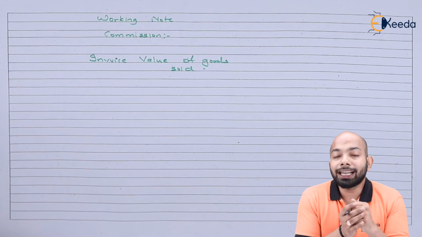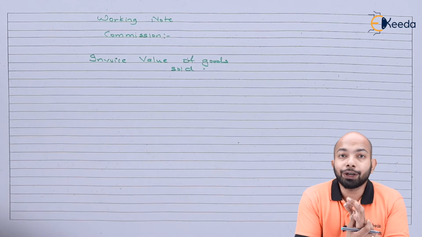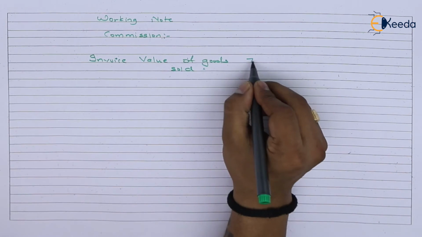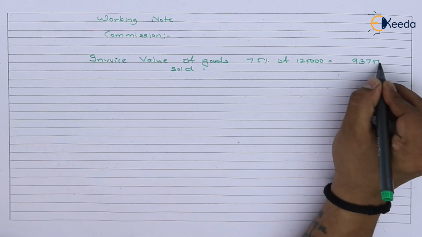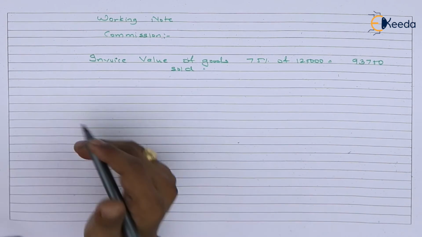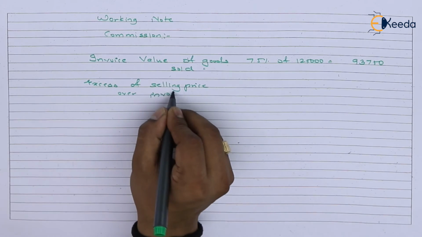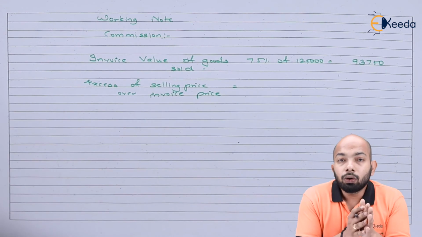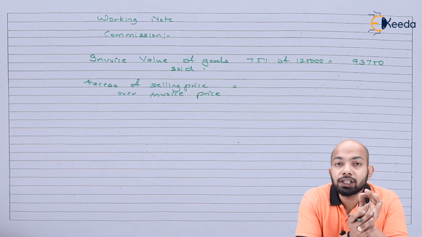Now the first thing that we'll be calculating is invoice value of goods sold, that is 75% of 1,25,000. That gives you a total of 93,750. Now, the excess of selling price over invoice price is the difference that we have to calculate.